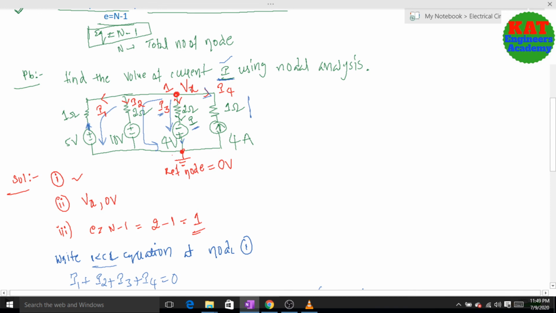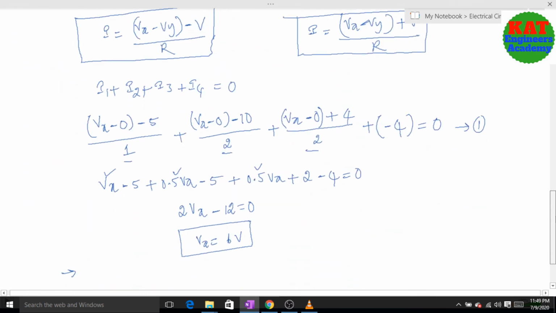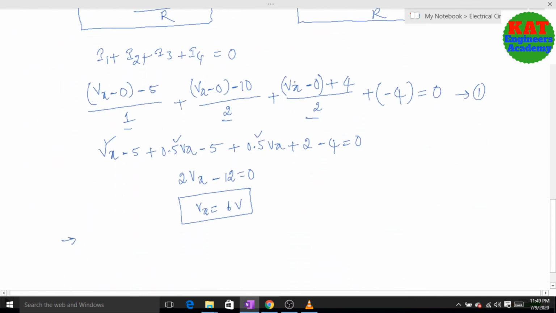What is I3 current? Higher potential Vx minus 0 plus 4. Already you have written that formula when writing the KCL equation. That is, Vx minus 0 plus 4 by 2 is nothing but I3. So I3 we can write like this. Now finally the response they are asking: I is nothing but our I3.